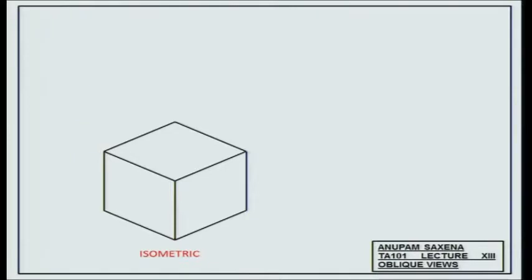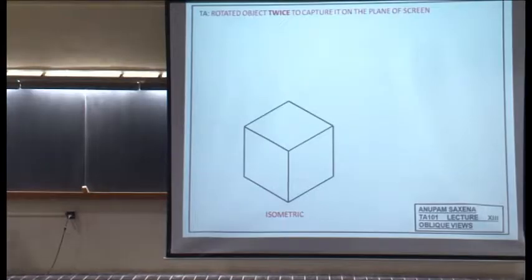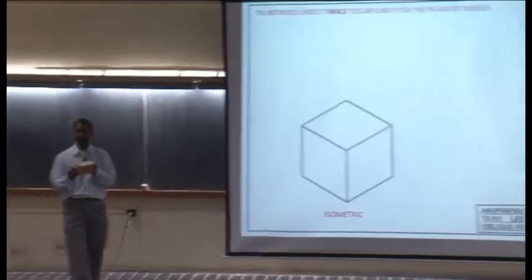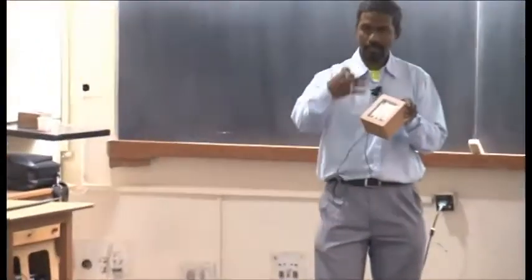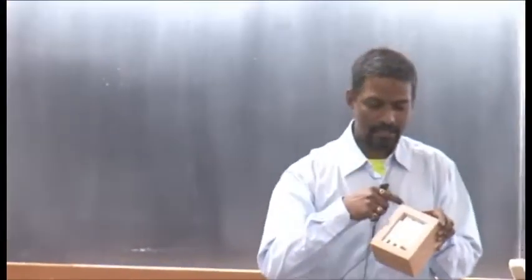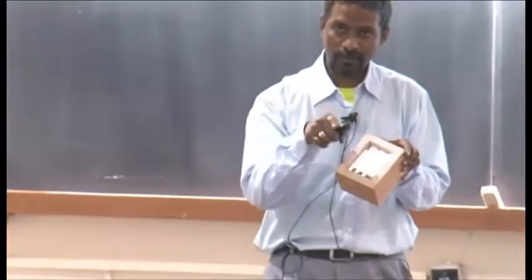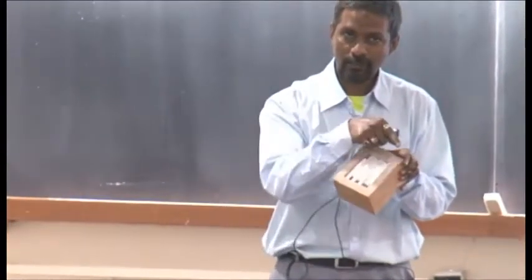Okay. So in isometric, you know that you rotate an object twice to capture it on the plane of screen. So once again, if you have this object, you rotate it this way, you rotate it this way, and this is your screen, and your projectors are coming straight out, perpendicular, all parallel to each other, but perpendicular to the screen.